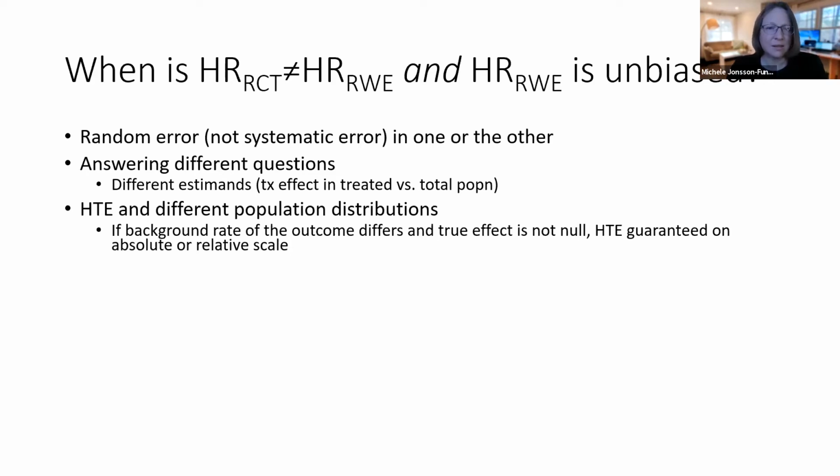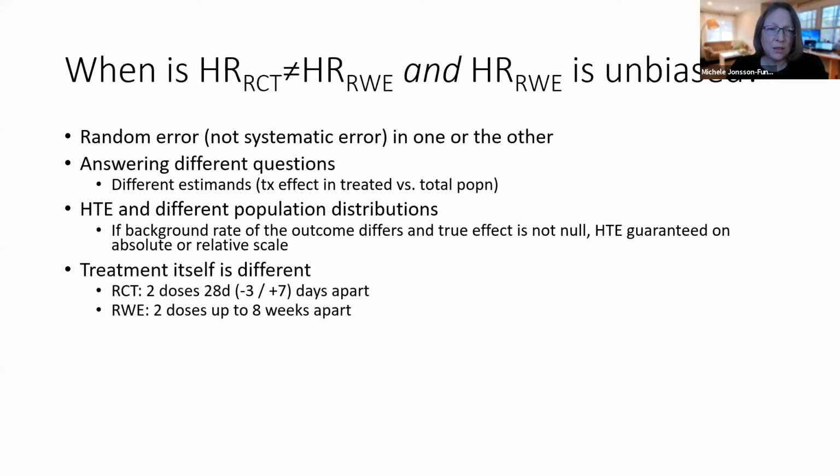So again, this is not to say that the result in the real world data is wrong. It's actually an accurate representation potentially of the effect in that group. It's simply that the background risk in those individuals is different than what we saw in the trial itself.